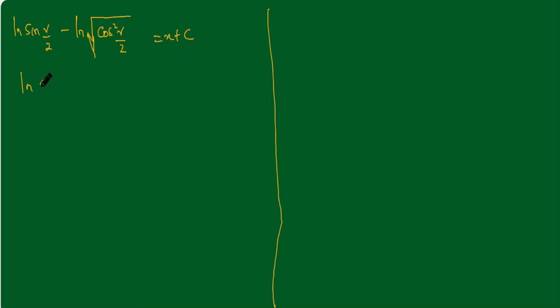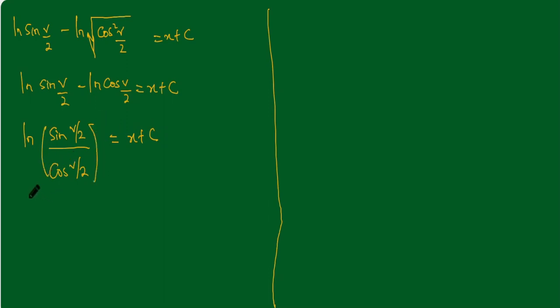So this is ln sine v over 2 minus ln cos v over 2 is equal to x plus c. So this becomes ln sine v over 2 divided by cos v over 2 is equal to x plus c. So ln tan v over 2 is equal to x plus c.